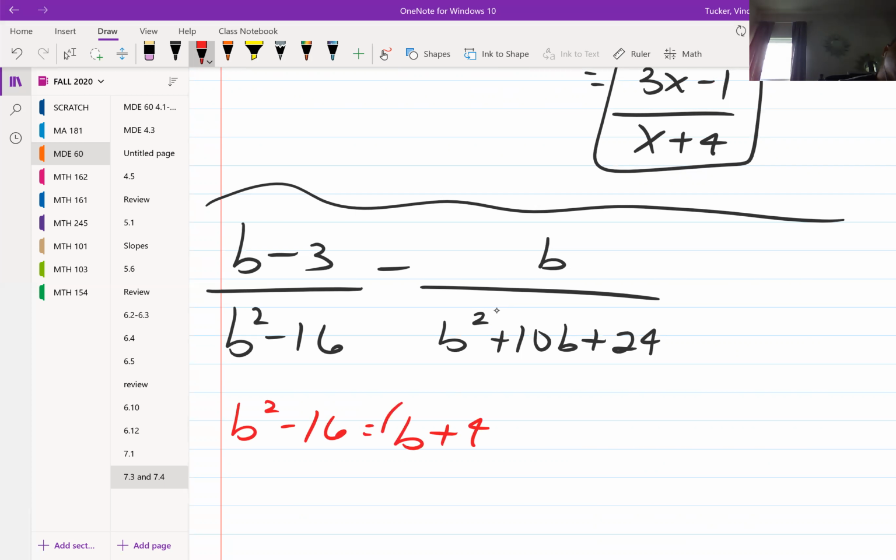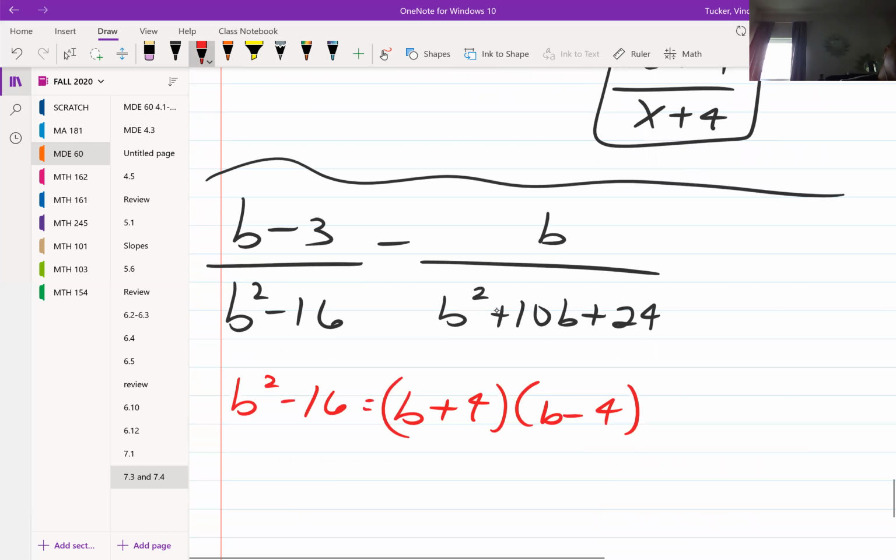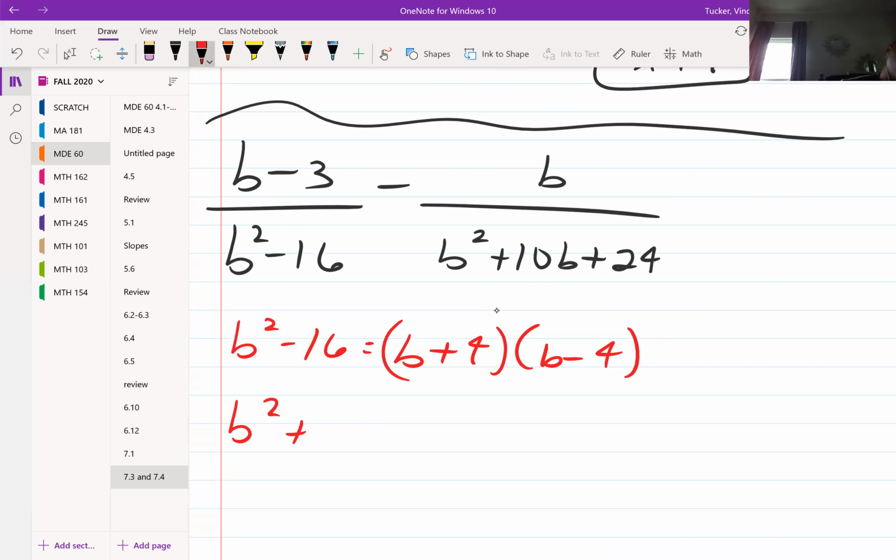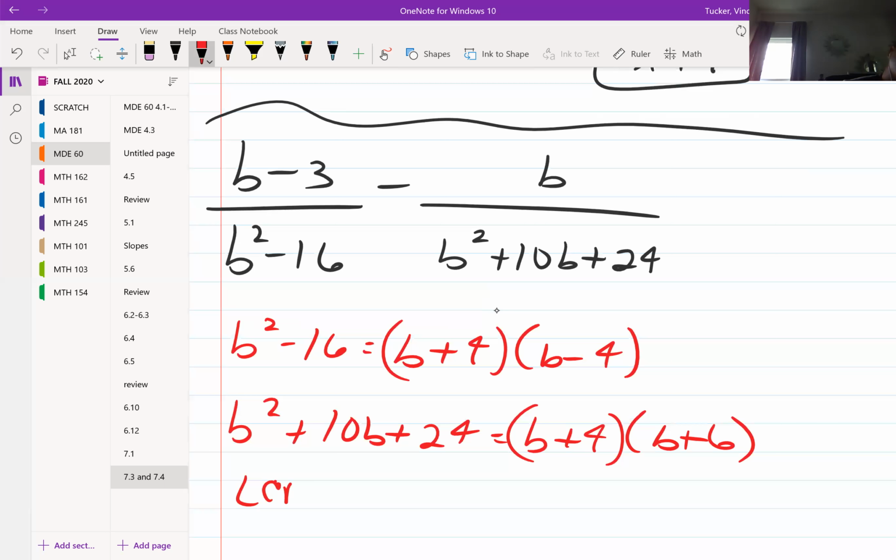So factor out your denominators to see what you're working with. All right, so we have (b + 4)(b - 4) from the first factorization.